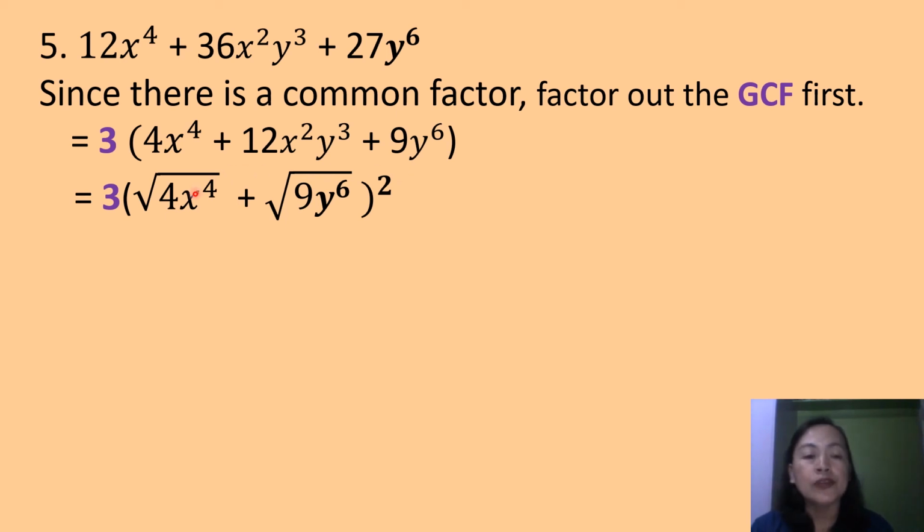Okay, so ang gawin natin ngayon, just the same, sulat natin yung quantity symbols and then get the square root of the first term, 4x to the 4th, plus, since everything is having a plus sign, plus the square root of the last term, 9y to the power of 6. Okay, next.